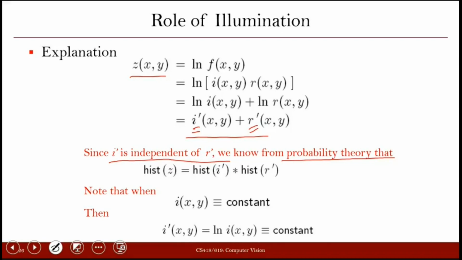So if you want to compute the histogram of z, it is the convolution of the histogram of i' and the histogram of r'. Now let us consider two cases: one where the illumination is constant, and another where the illumination is not constant.